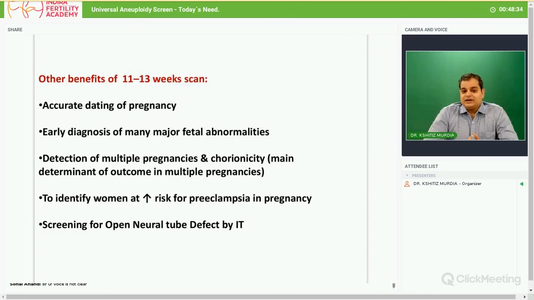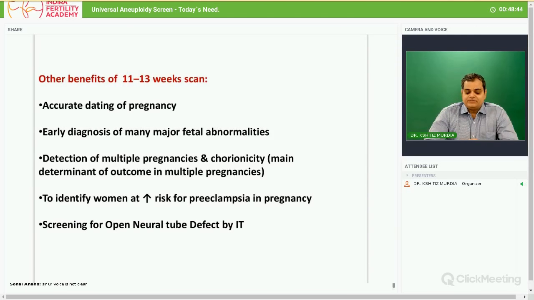We can identify the women who are at increased risk of preeclampsia and babies who are at risk of IUGR and sudden death. We can do the screening for neural tube defects by detecting intracranial translucency also. So 11 to 13 weeks is a kind of gateway for a healthy pregnancy.